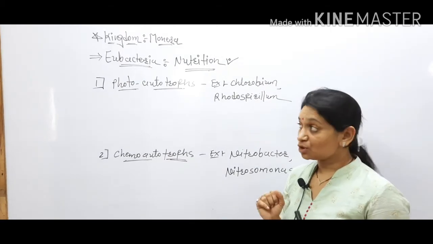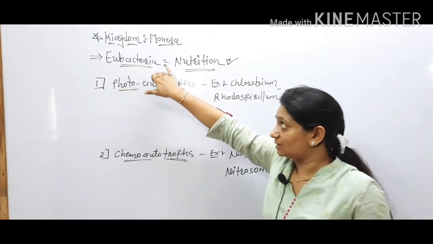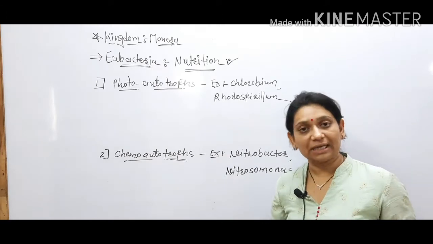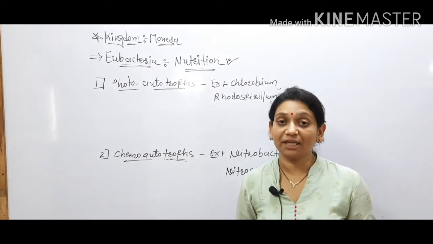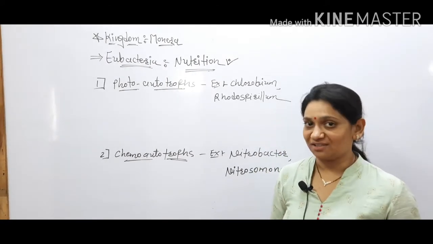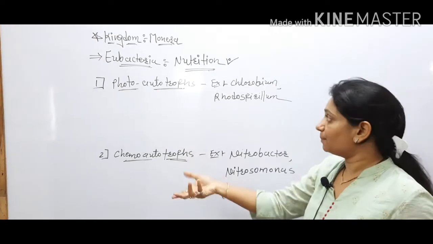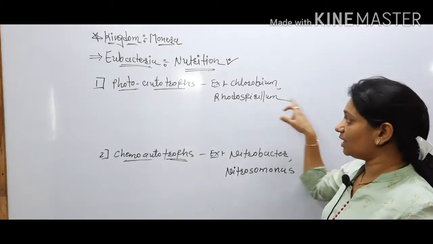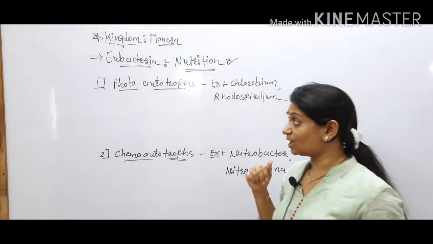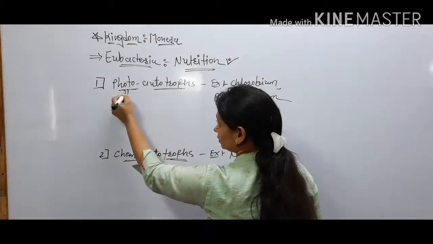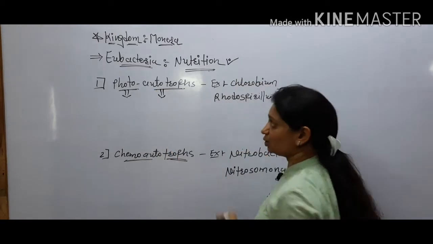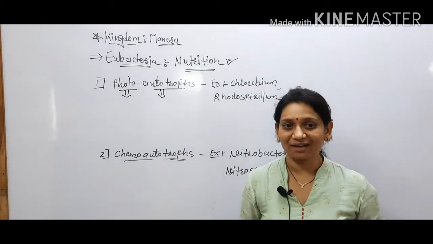Fine enough. So these bacteria are of different types on the basis of their pattern of nutrition. First one are the Photoautotrophs and examples are Chlorobium and Rhodospirillum. Now from the words photo and autotrophs you must have understood something.